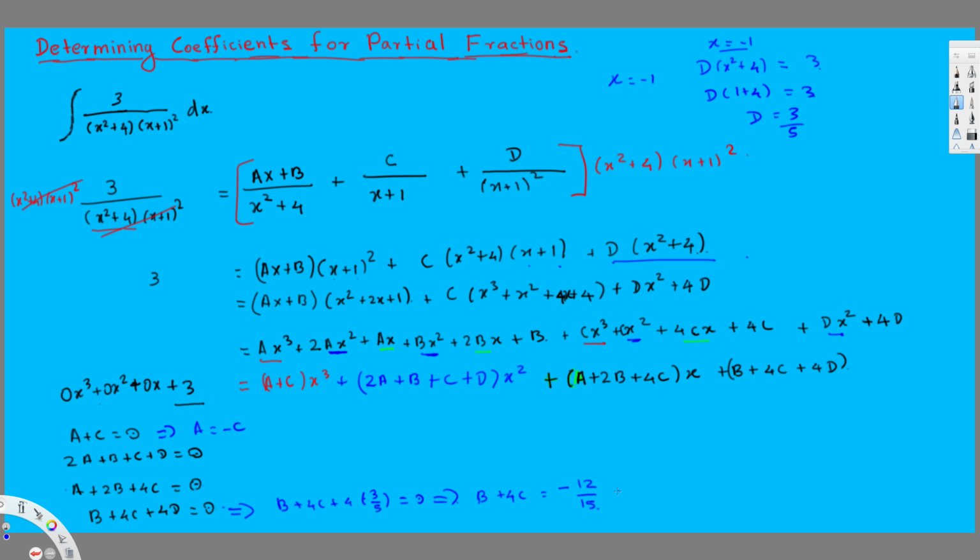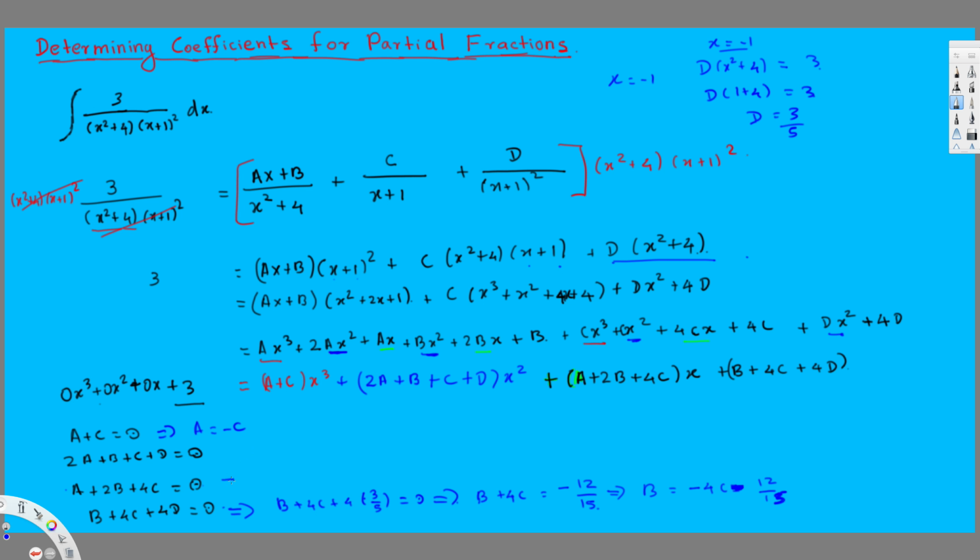So let's do that. I can rearrange this one, right? So b is equal to minus 4c minus 12 over 15. So we have made a connection between b and c, and we can write a is equal to minus c, because we already found that out.